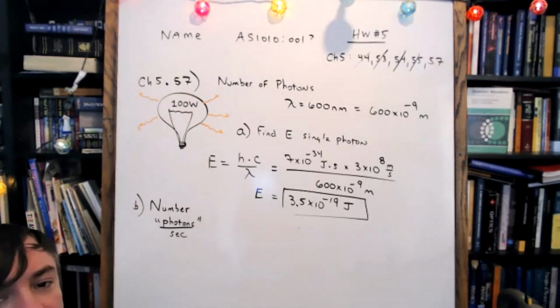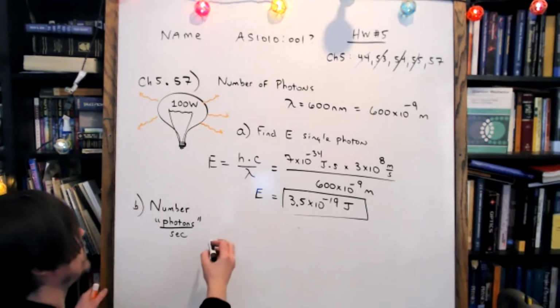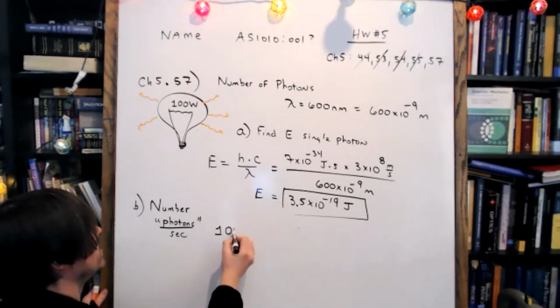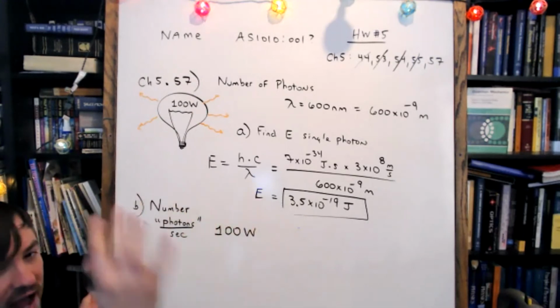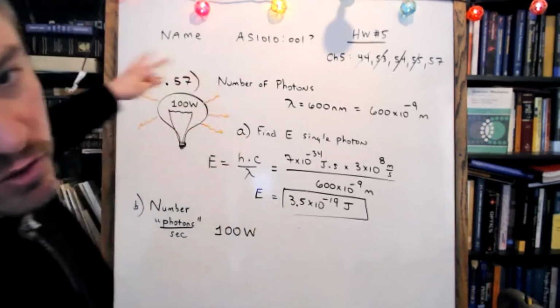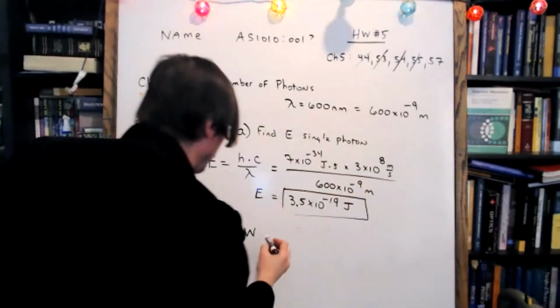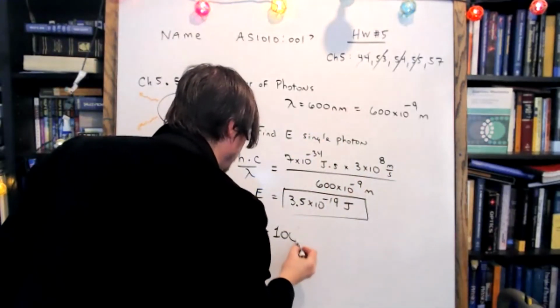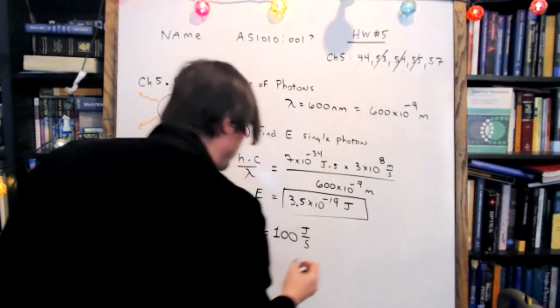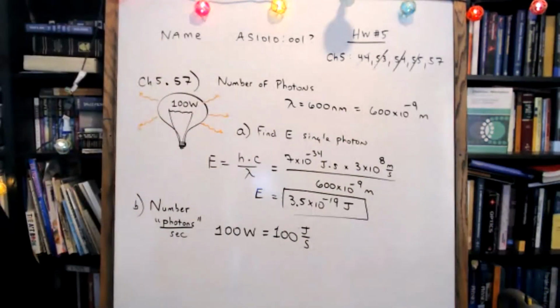Can anyone think of a way to do that? Let's start with the fact that we know the total power, it's kicking out 100 watts in all directions. The luminosity or the power of a light bulb is its light emission in all directions. And that 100 watts means I'm emitting 100 joules per second in all directions.